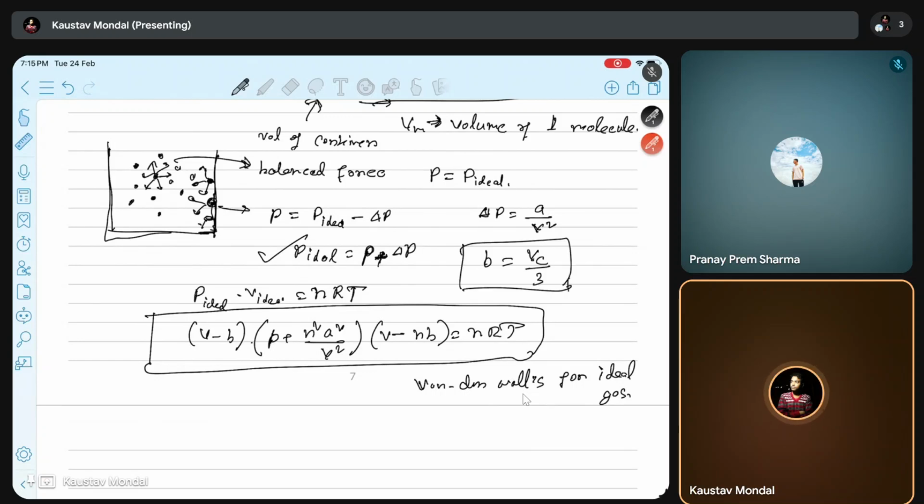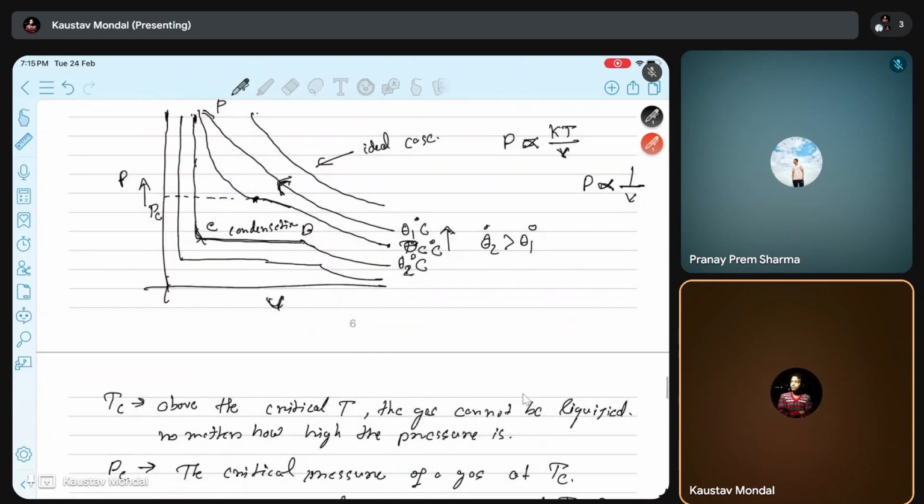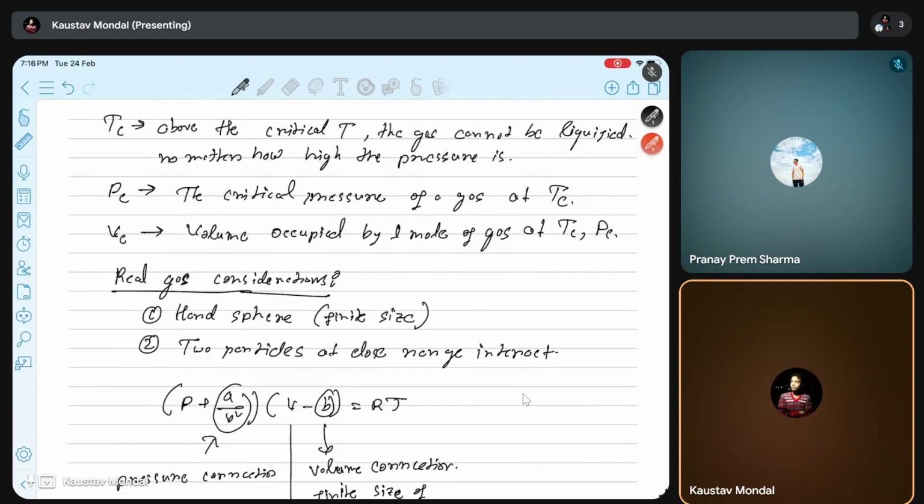This is also a very important relation that will be helpful for numerical problems. Vc is the critical volume that we discussed in the previous description.